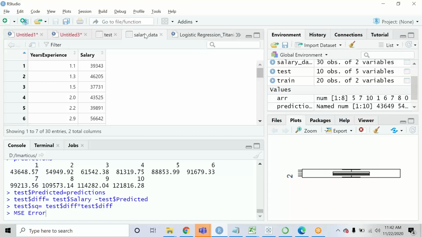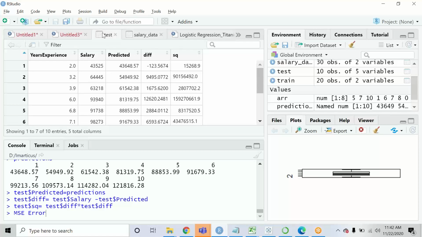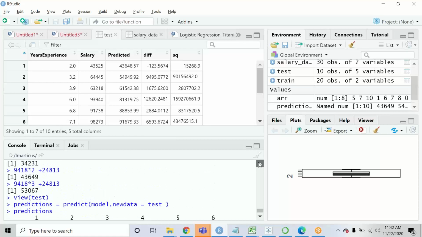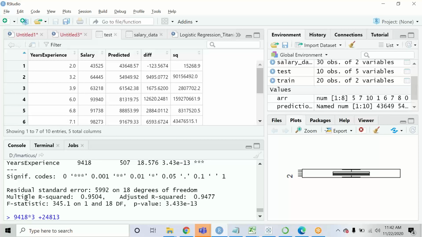Amit, this is Nandini here. Yeah, Nandini. So in the test, we calculated square, right? Is that the sum of square of error? Is this SSE? This is not SSE. SSE is calculated for the R square, which the model has calculated on its own.